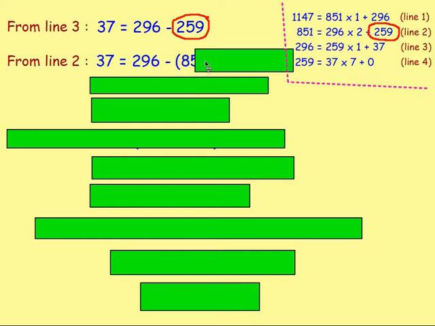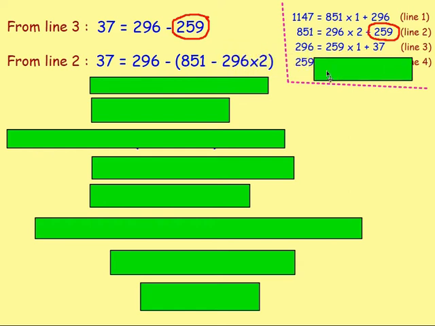So it will be 851 take away the 2 times the 296. That will leave us with the 259 just on its own here.